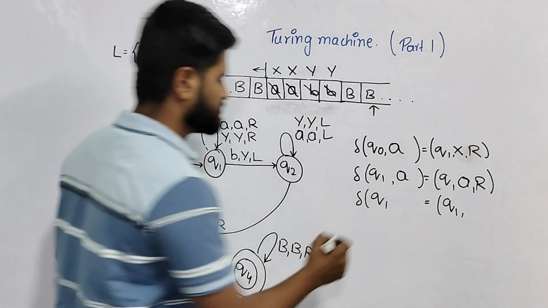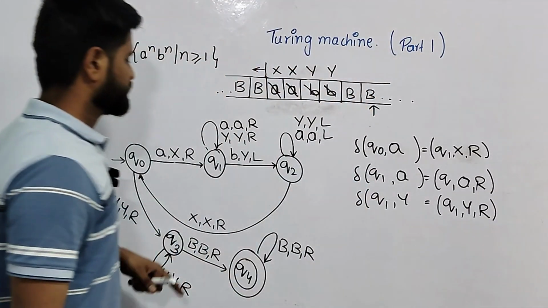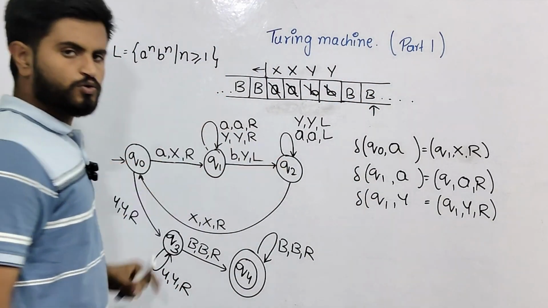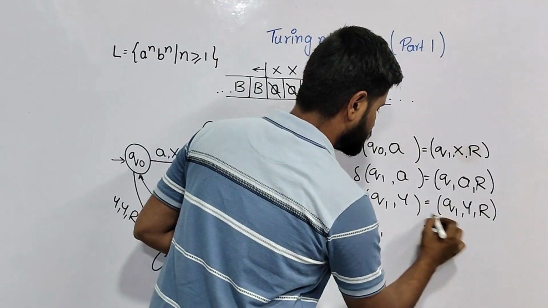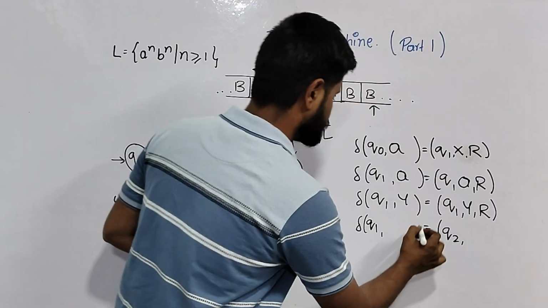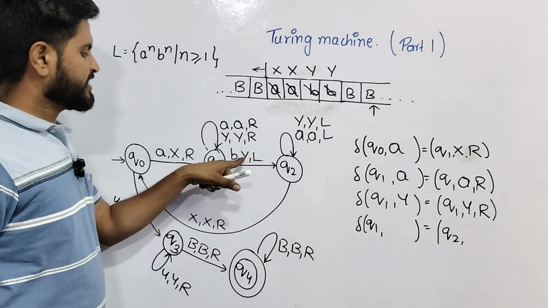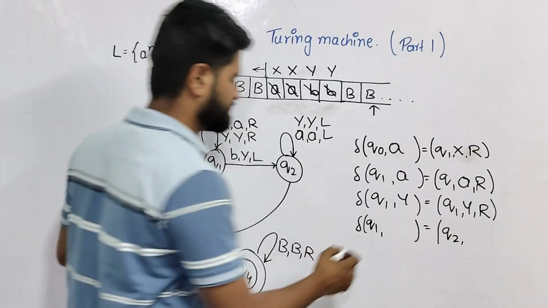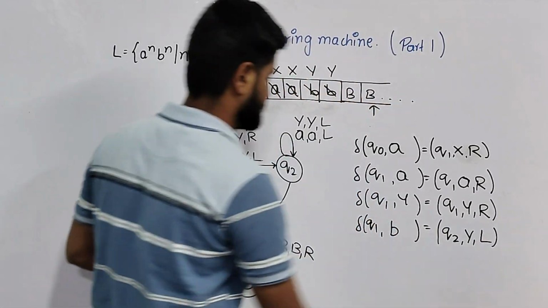When you give Y as input, it replaced it as Y and moved towards the right side. Next, from Q1 to Q2, when you give B as the input, it replaced it as Y and moved towards the left side.